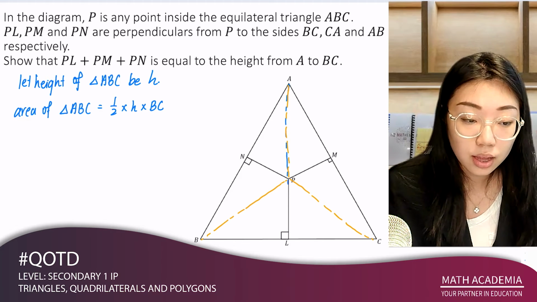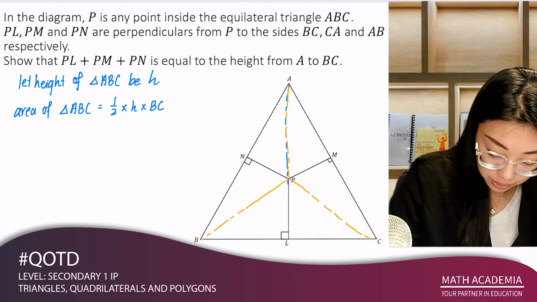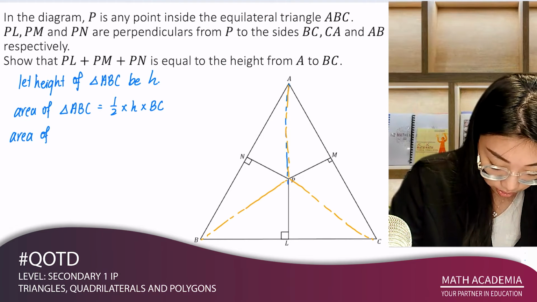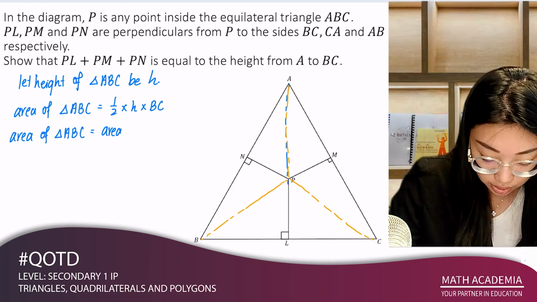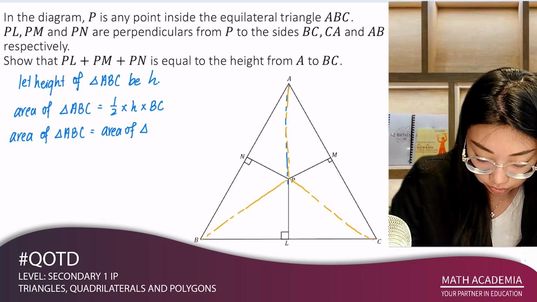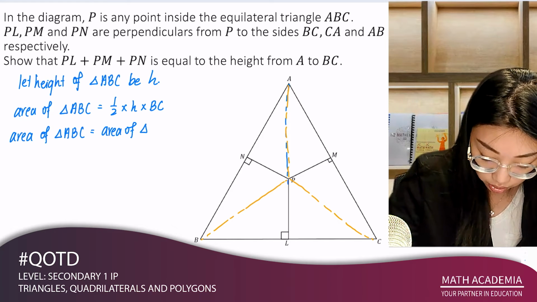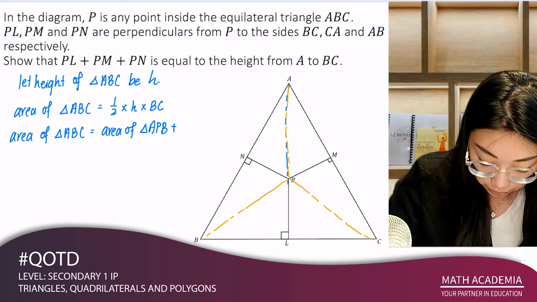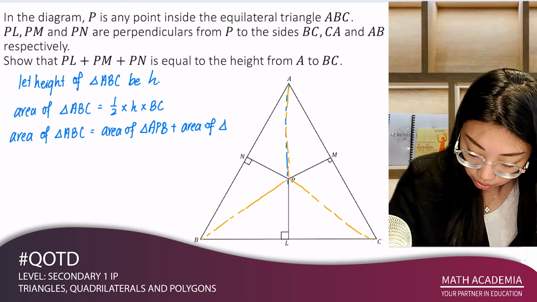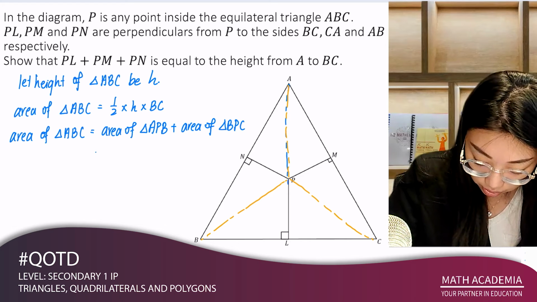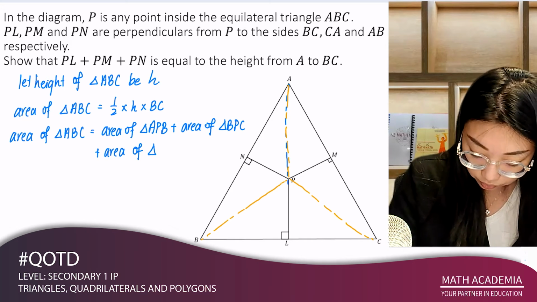So therefore, can we conclude that the area of triangle ABC equals the area of triangle APB plus the area of triangle BPC plus the area of triangle APC.